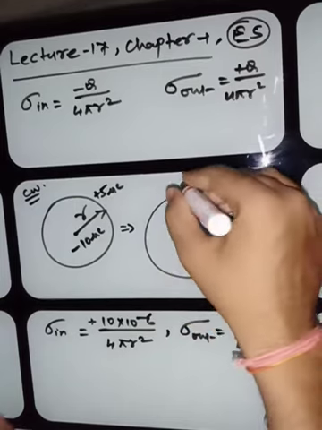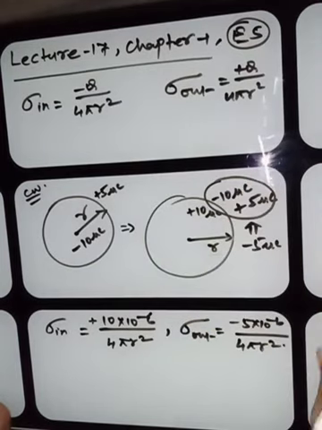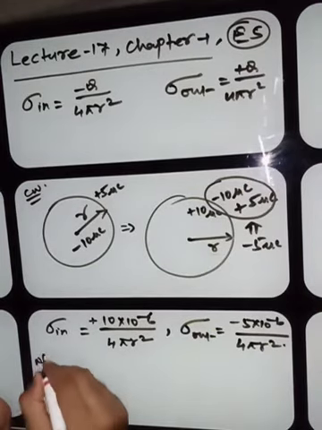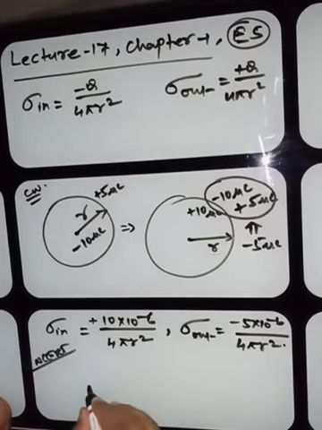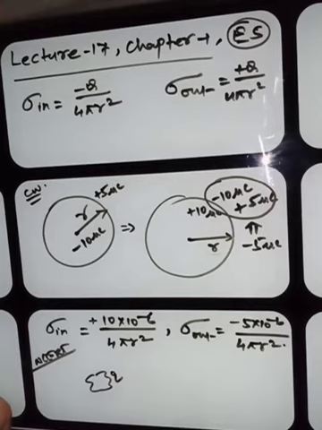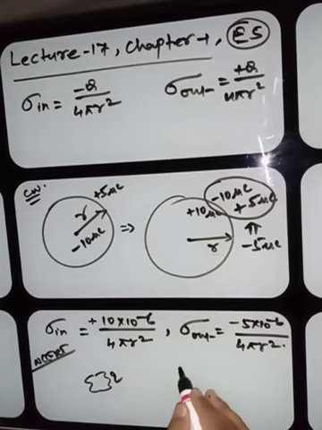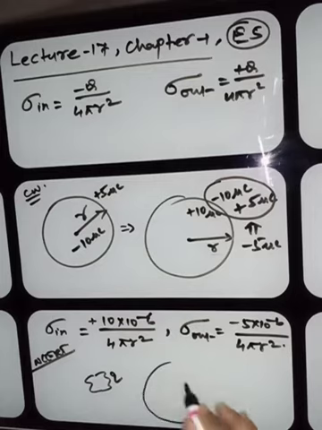Now my dear students, one question from NCERT. This is a conductor having charge q. This is another conductor in which a cavity is present.